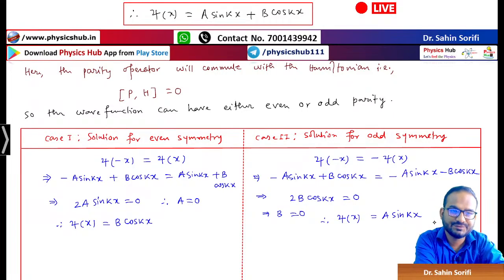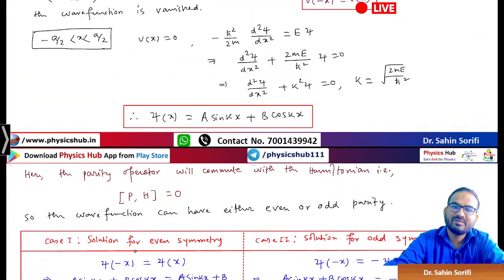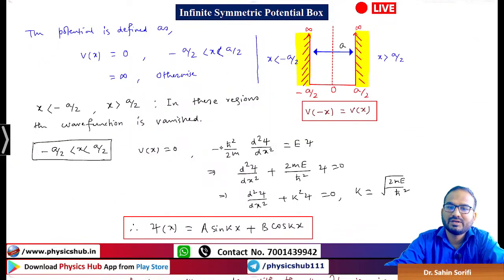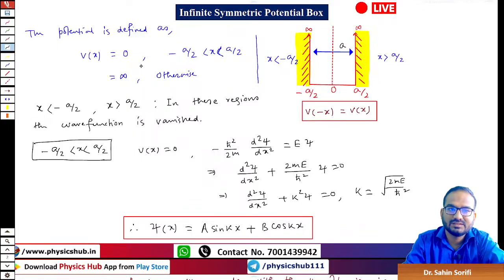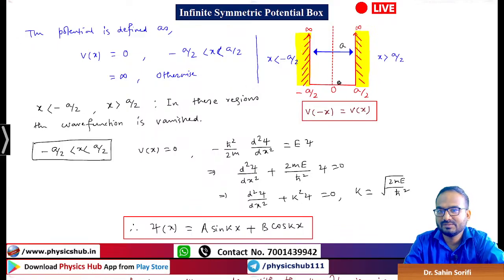Is there any confusion? Now using the boundary condition, what is the boundary condition here? You see, look at the boundary. The boundary is x equal to minus a by 2 and x equal to plus a by 2. So the wave function must vanish there. You have the particle here. The particle is allowed to move along one dimension within this well.